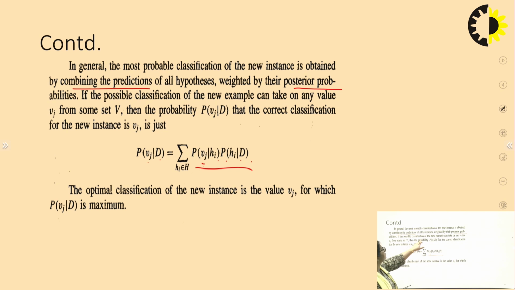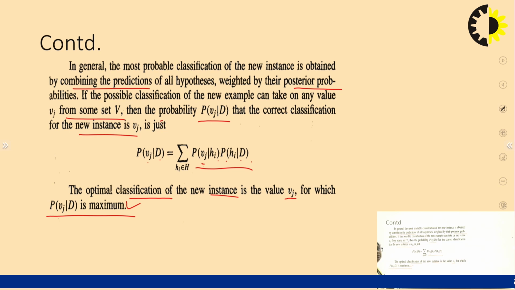If the possible classification of the new example can take on any value Vj from some set V, so we are having a set V and we have to find the classification from V1, V2, V3, whatever data is given, then the probability P(Vj|D) is that the correct classification for the new instance is Vj. What we will find out is the optimal classification of the new instance, the value Vj for which P(Vj|D) is maximum, not the posterior.